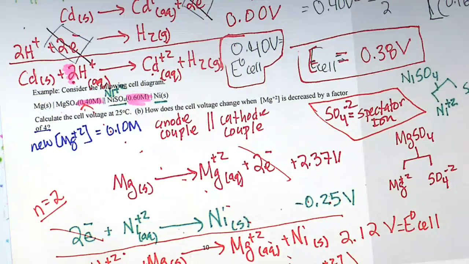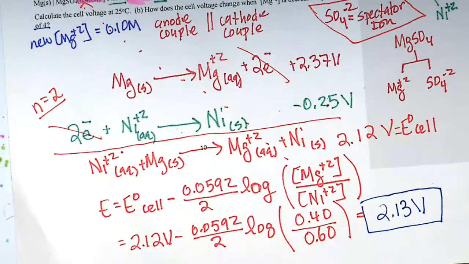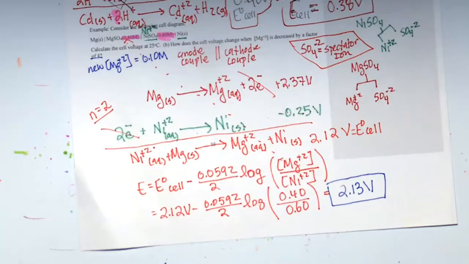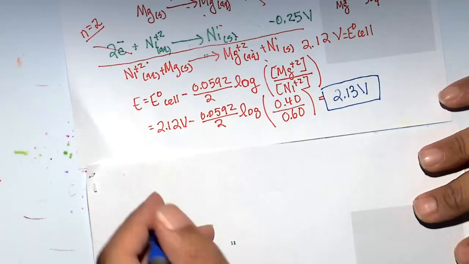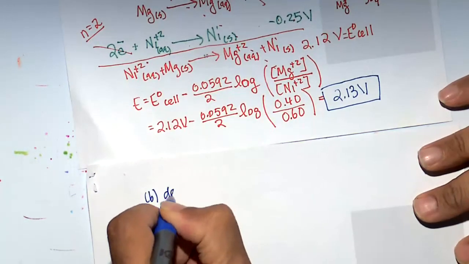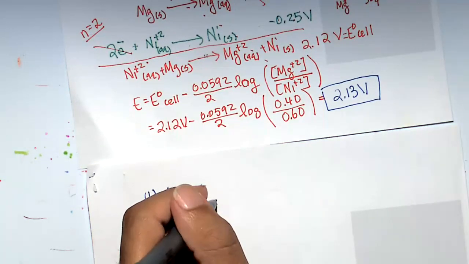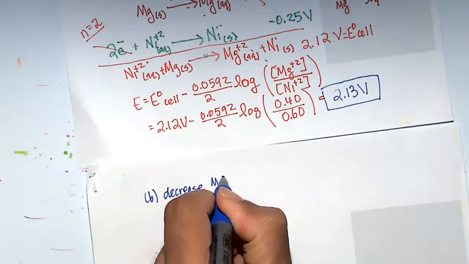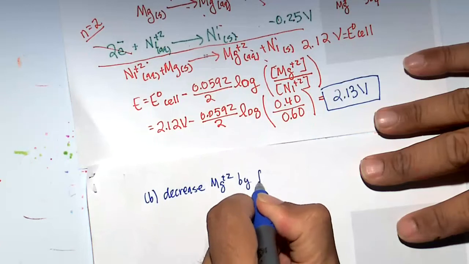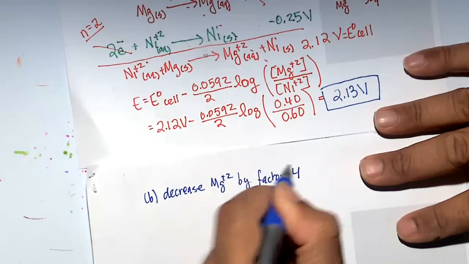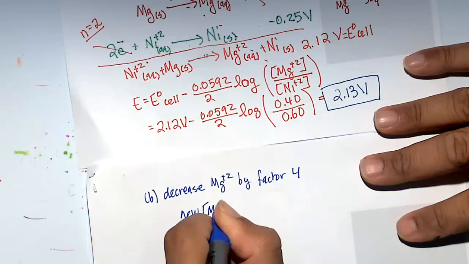So let's do that quickly. We'll use our second sheet of paper. So part B. Decreasing magnesium by a factor of 4, which means the new magnesium concentration is going to be 0.1.